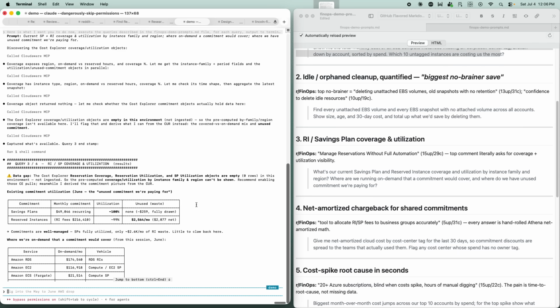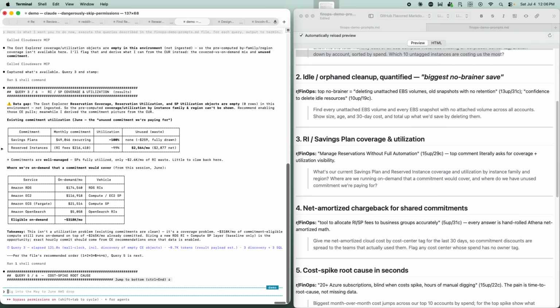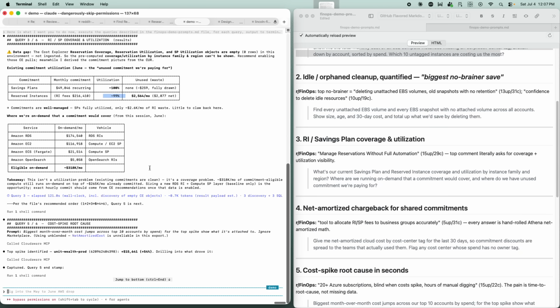Okay, so there we are. Here it says your savings plans are working full-time, 100% utilization on savings plans, 99% utilization on reserved instances. And here it says, here's where I think you could optimize things: Amazon RDS, EC2, Fargate, OpenSearch.